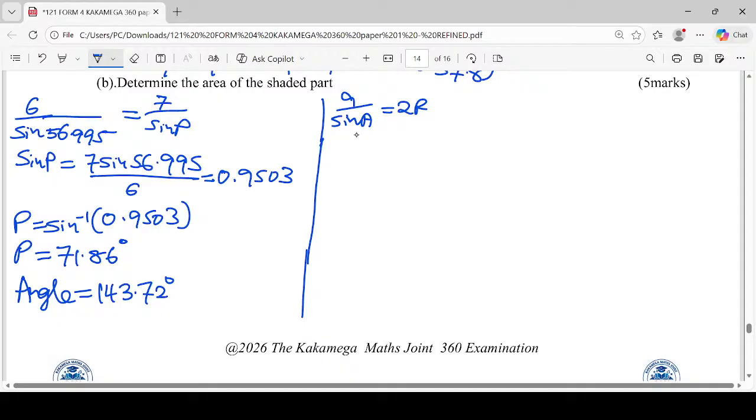So this means that 6 over sine 56.995 is equal to 2R. Therefore, the radius for our circle will be 6 divided by sine 56.995 divided by 2. So the radius is 3.578.